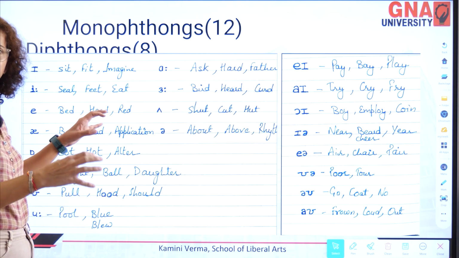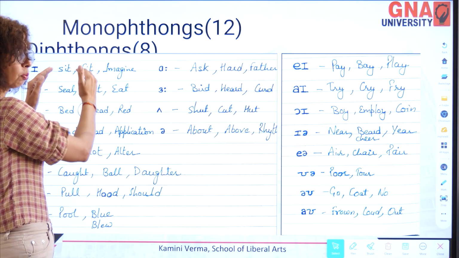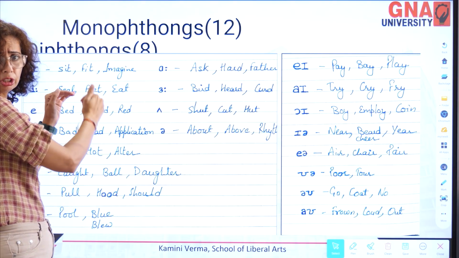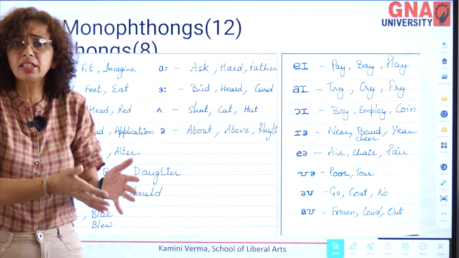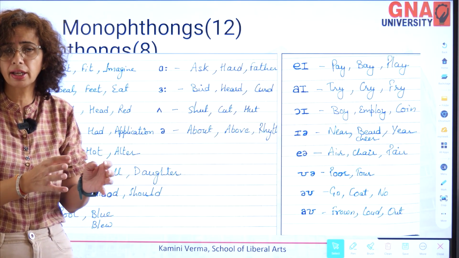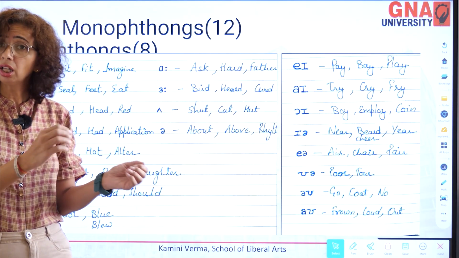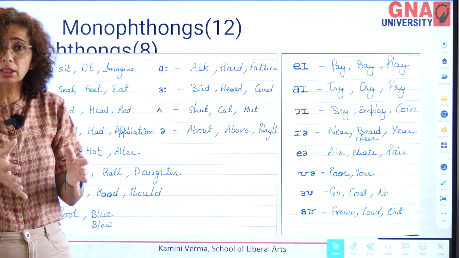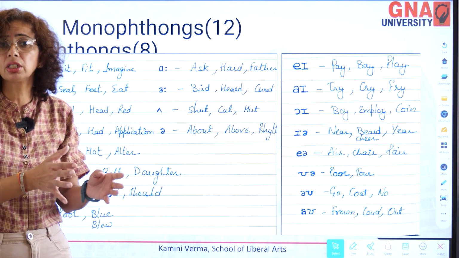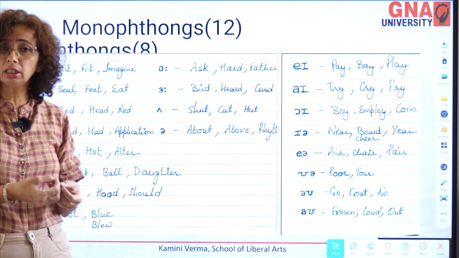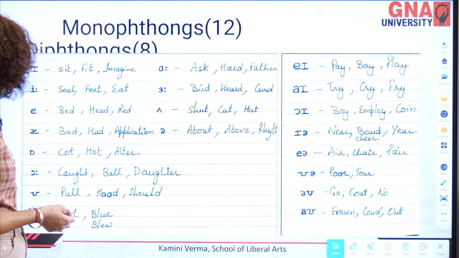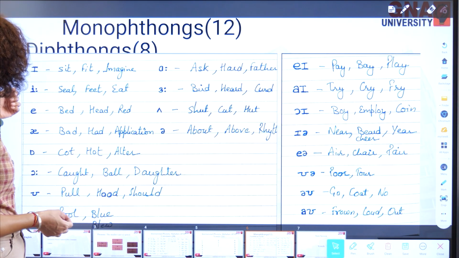Let's try to replace these sounds with each other. Can we ever say, kindly seat down? We have to say kindly sit down. On the other hand, take your sit? No, we cannot say that. We have to say take your seat. So we stress the E in this one and not in the other.